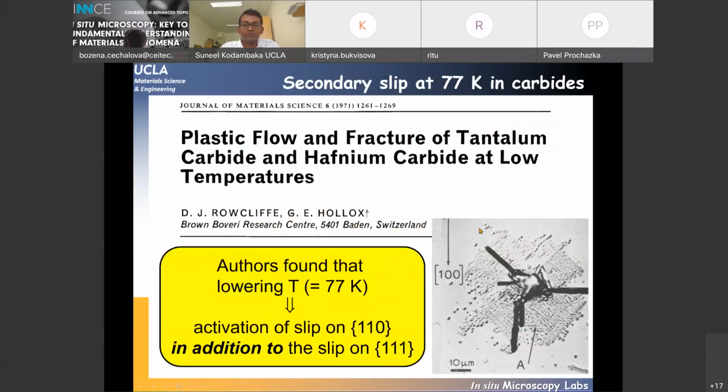However, there were very interesting papers published a long time ago that showed that there can be localized plasticity even at liquid nitrogen temperatures in these carbides, and that there may be a change in the slip system in these materials at these low temperatures. So, which is interesting given that these materials are supposed to be significantly hard at room temperature.